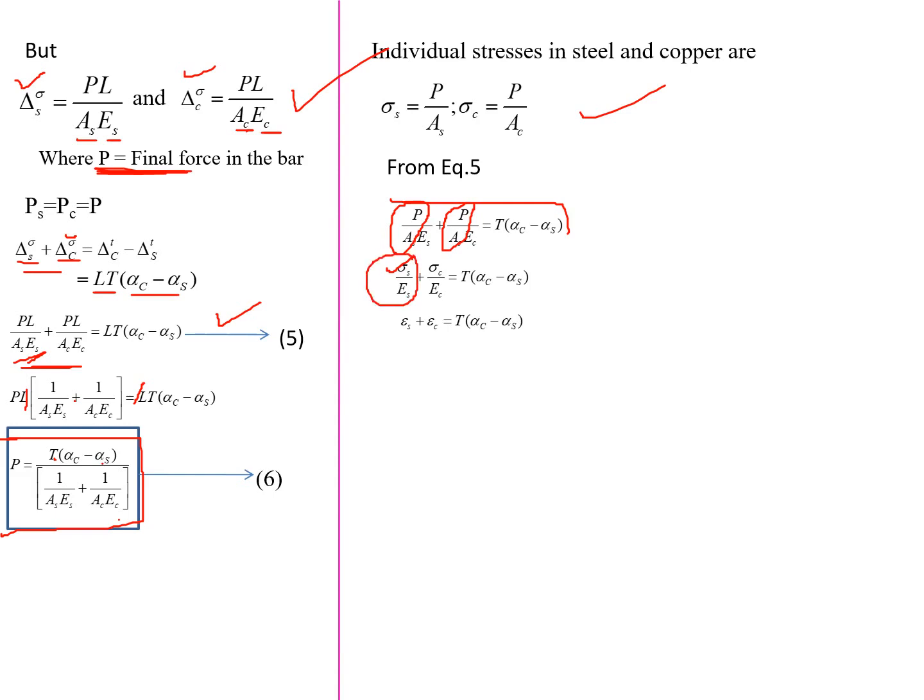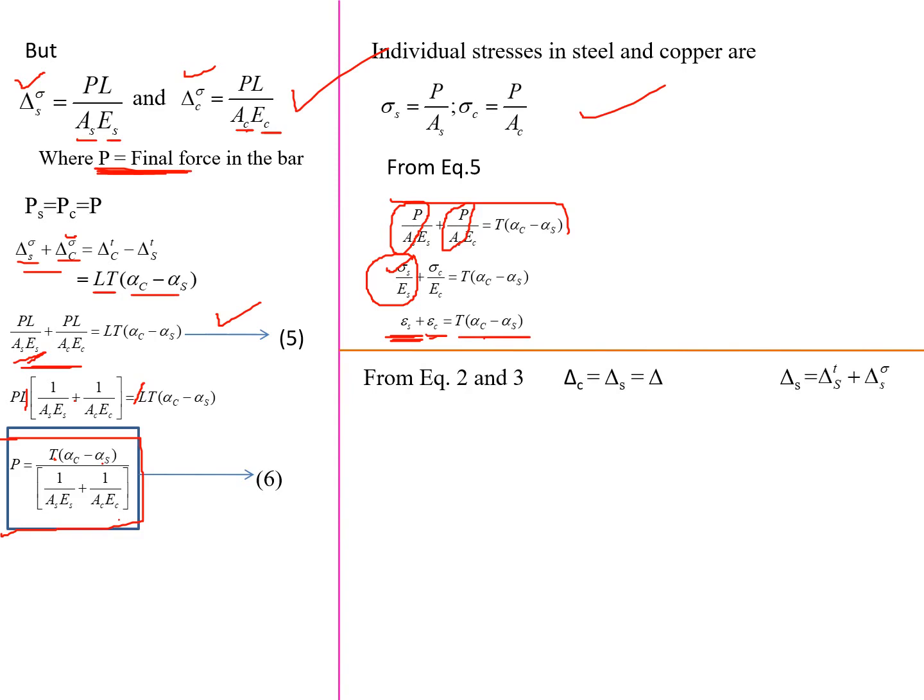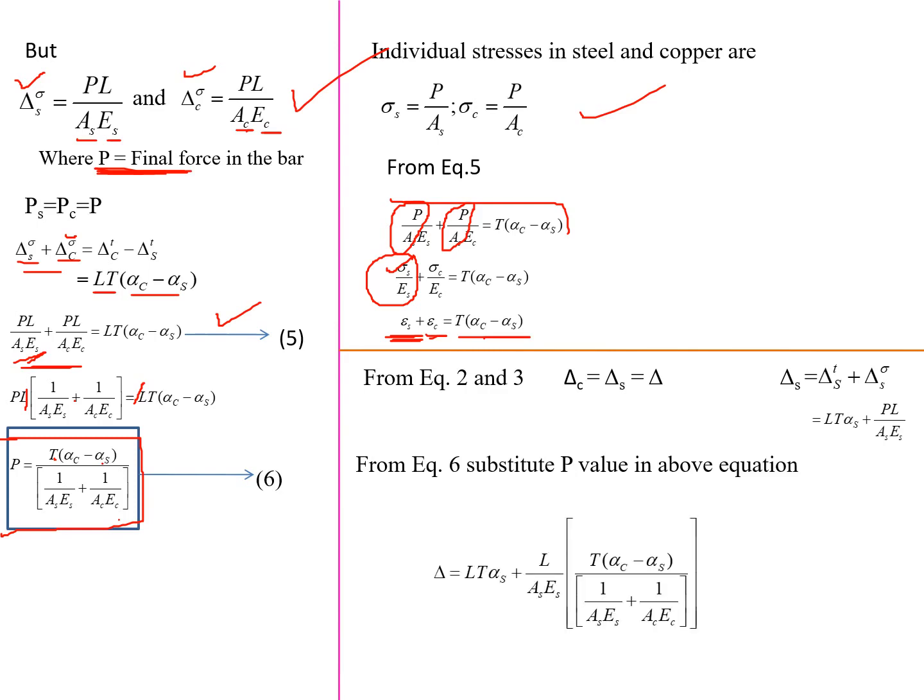Stress divided by Young's modulus is nothing but strain. So the strain of the steel plus the strain of the copper should equal T into alpha C minus alpha S. And one more thing we have to remember about the final deformation. The final expansion or final deformation of the composite bar, delta, equals the final expansion of the steel.